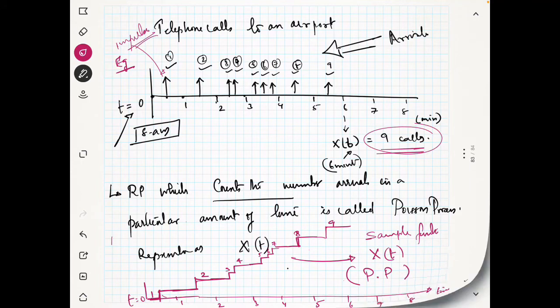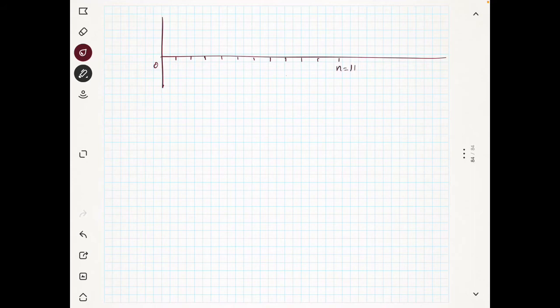Now we will look at this in another way. Let us consider the time intervals. Let's say you have time intervals 0, 1, 2, 3, 4, 5, 6, 7, 8, 9, 10 and 11. So here you have 11 intervals.